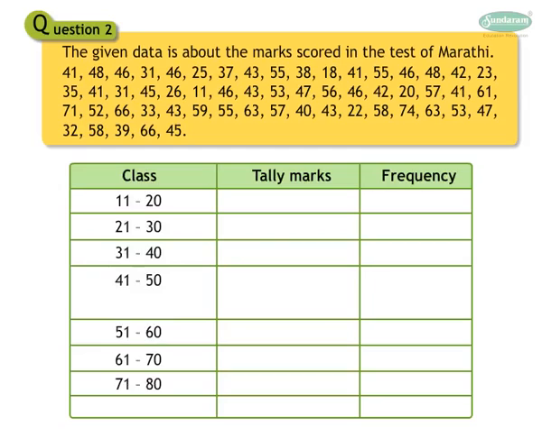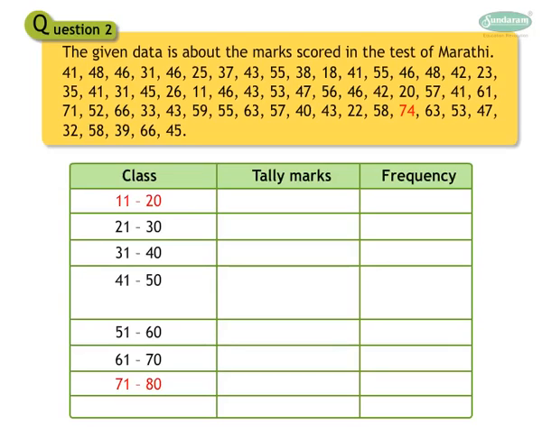The numbers 11, 12, 13, 14, 15, 16, 17, 18, 19 and 20 are included in class 11 to 20. The highest number in the question is 74. Therefore, we will write class from 11 to 20 till 71 to 80.